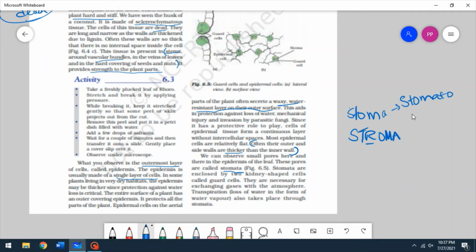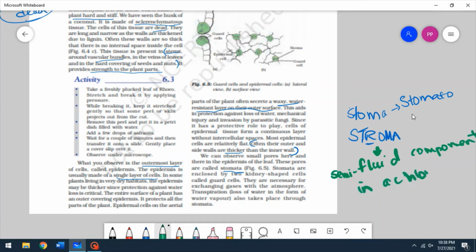Stroma with the R is the semi-fluid, gel-like structure, or a semi-fluid component in a chloroplast.